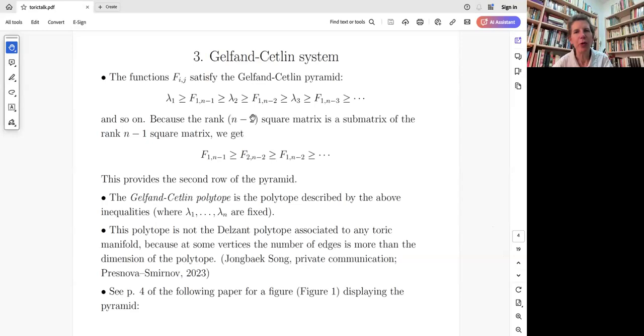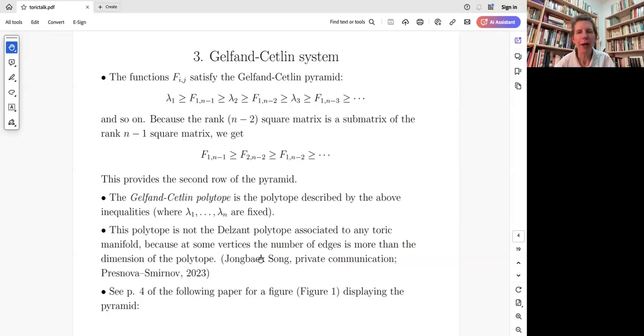So you have n minus 1 rows like this: 1, 2, down to n minus 1. The Gelfand-Cetlin polytope is the polytope described by the above inequalities. Here the lambda 1 up to lambda n are fixed.